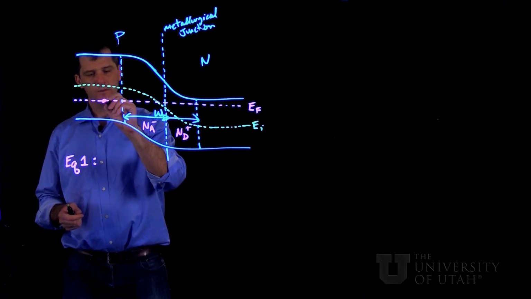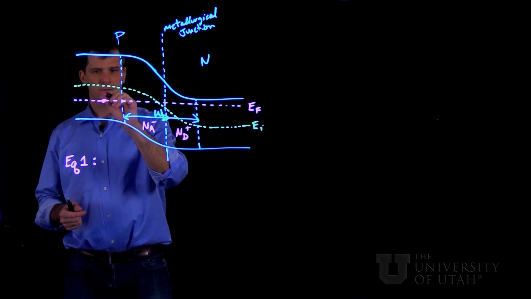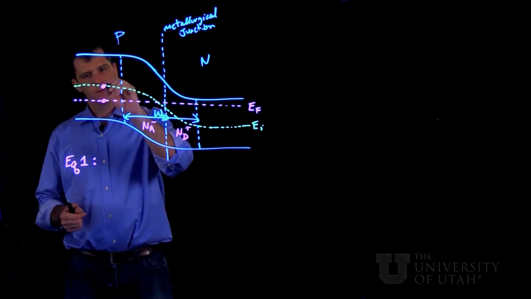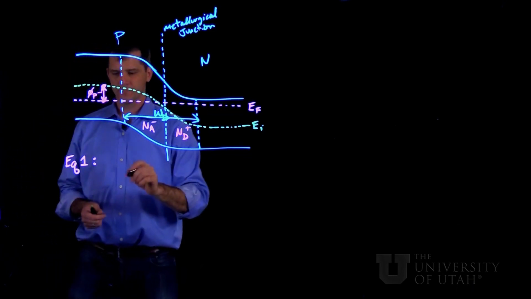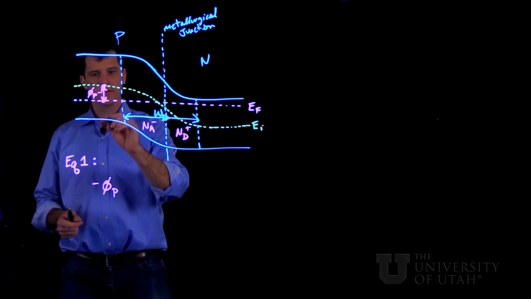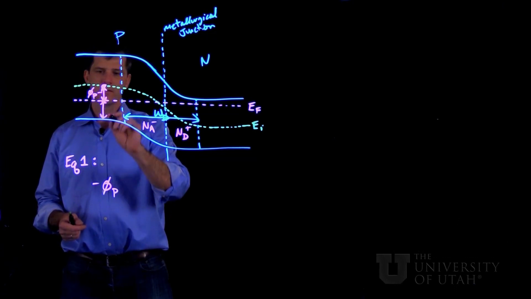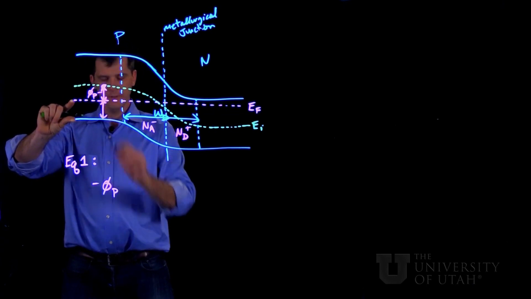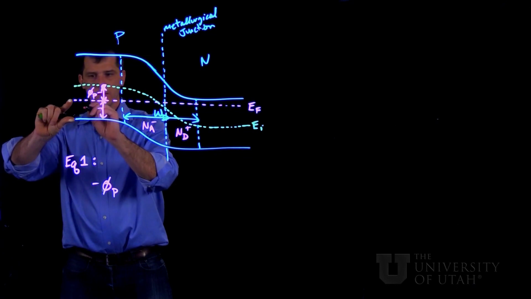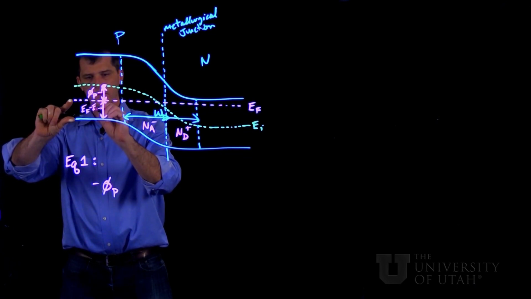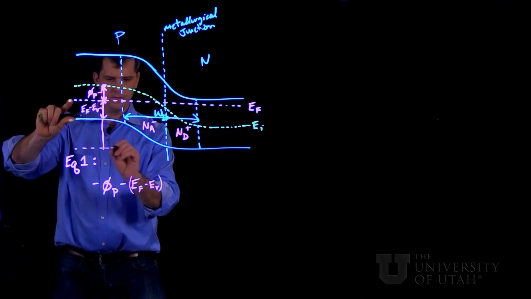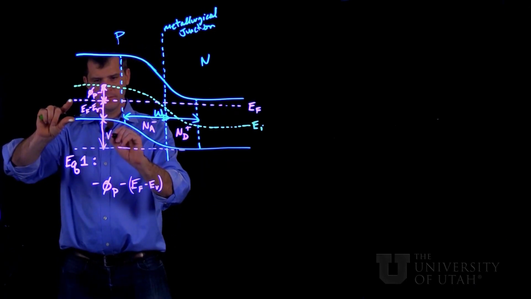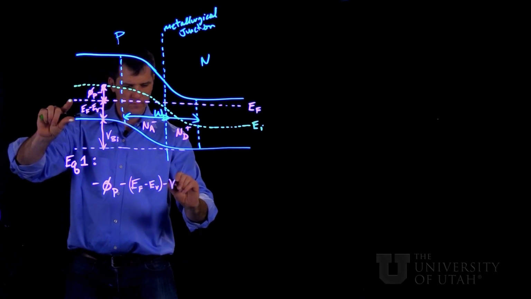So the first thing we can do is start on EI here, go down to the actual Fermi level. So this gives us our phi sub p on this side. So we have minus phi p. Then we subtract off another part, which is going to be given by EF minus EV. Then if we go all the way down here, we get the built-in voltage, which is the thing we're going to look for, minus V built-in.